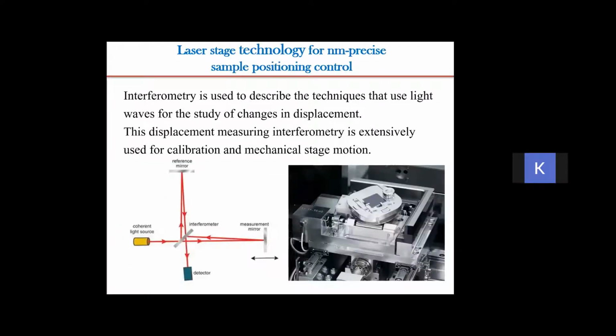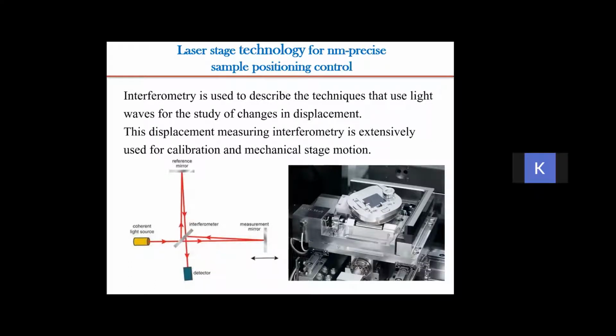Now here also the stage part. You can have a motorized stage, but if you have a motorized stage, then the pitch, meaning the distance between two patterns, has to be large enough, because you cannot move the stage at that level in the nanometer scale. So for that, a piezo stage will be a better option.